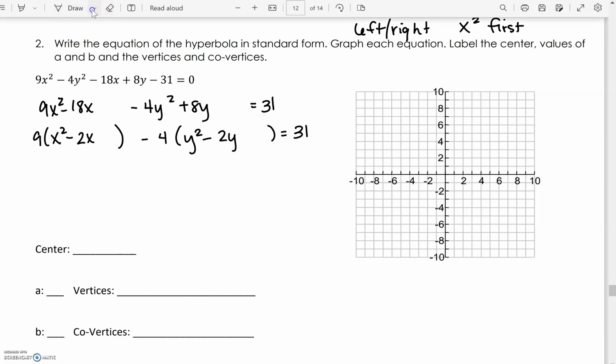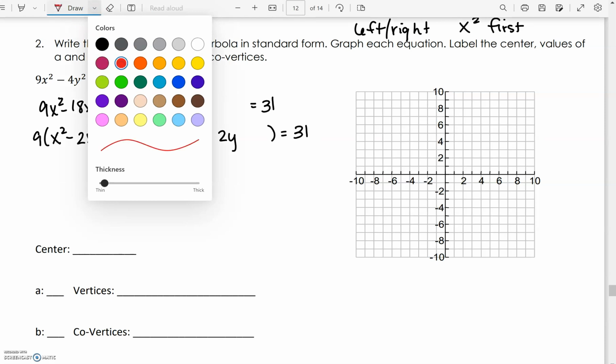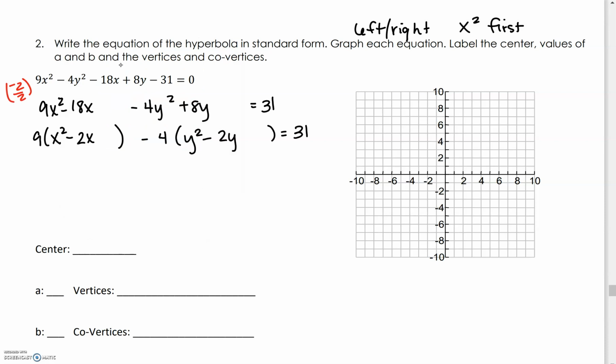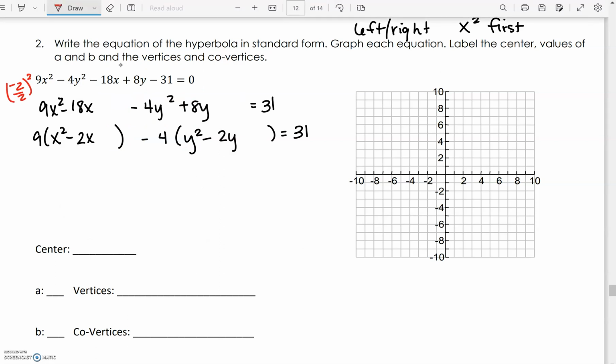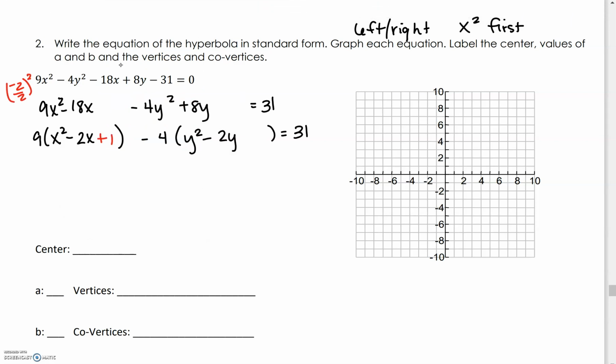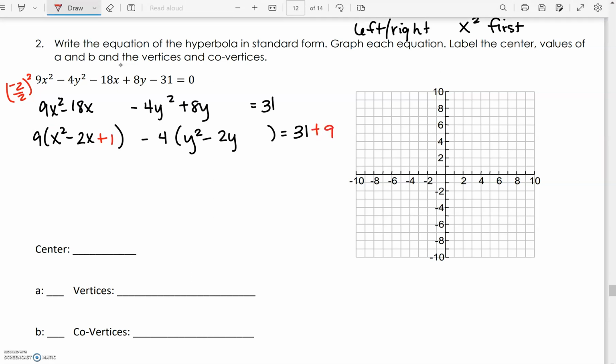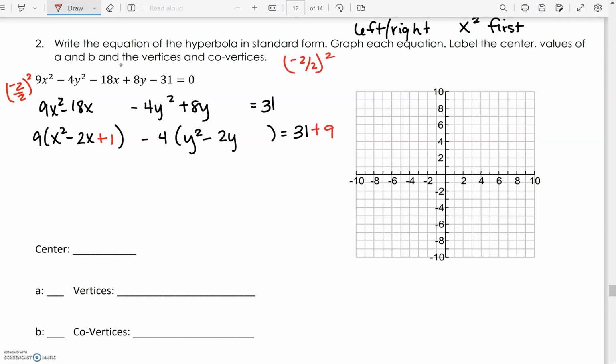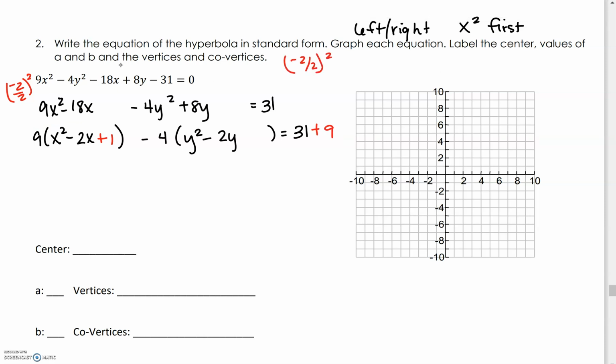Don't forget that our magic number is going to need to multiply by those coefficients. So negative 2 divided by 2 squared, that's going to be a 1. And so it's 9 times 1, or 9, that is going to get added to this side. And then over here, negative 2 divided by 2 squared, that's negative 1 squared, or 1. And then again, we multiply, so a negative 4 is going to get added to this side as well.